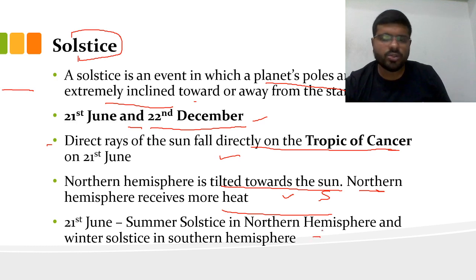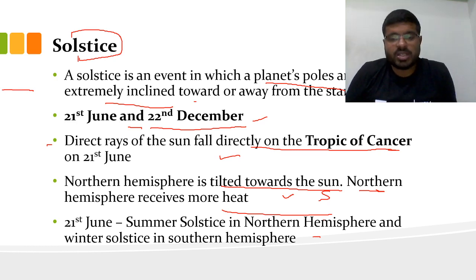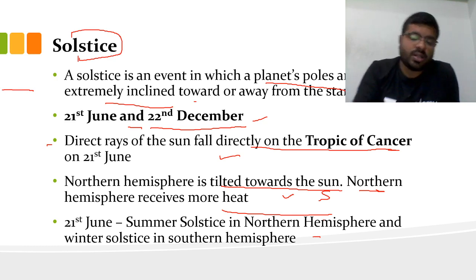So when I say 21st June, in your textbooks, as you may remember from childhood, these days are usually called summer solstice days and winter solstice days. 21st June we can also call the June solstice, and this June solstice is the summer solstice for the northern hemisphere and the winter solstice for the southern hemisphere.